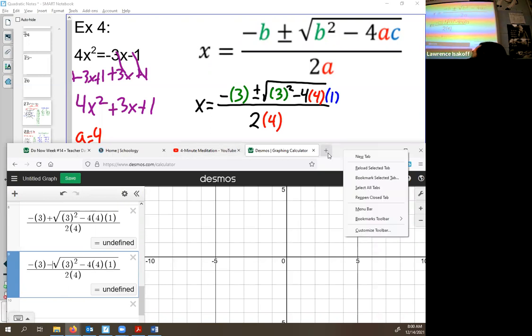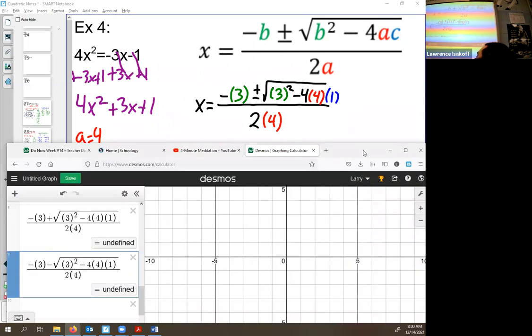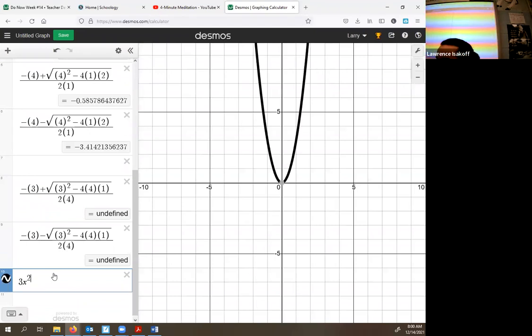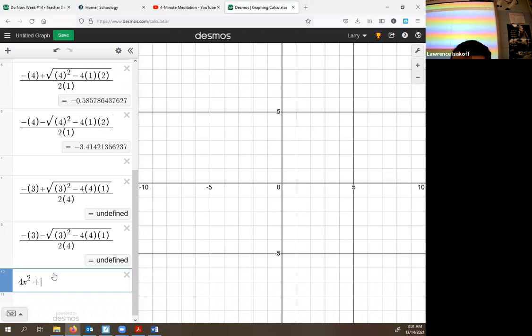Now, here's why this is undefined. Let's take a look at this graph visually. So I had 4x squared plus 3x plus 1, right?